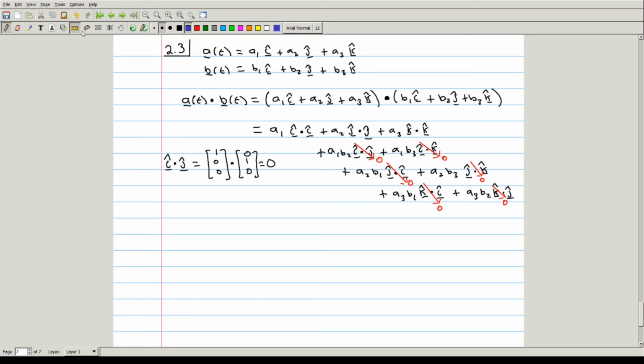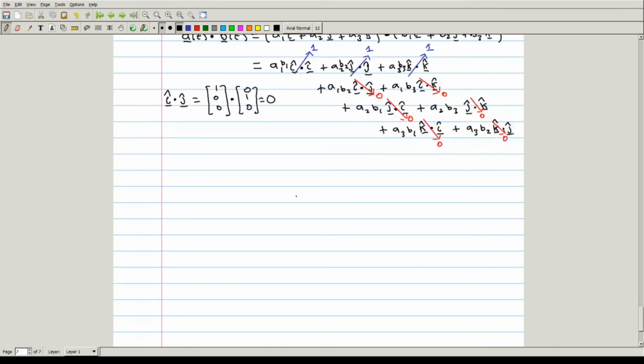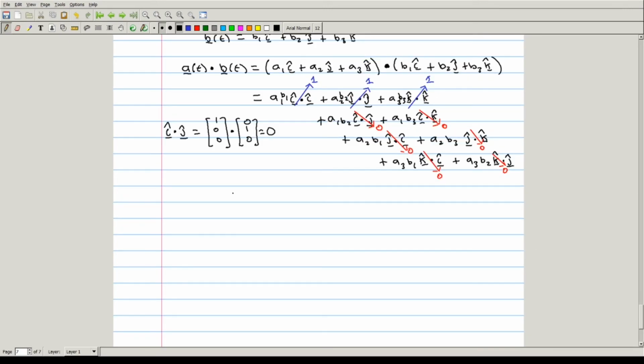While each one of these values, i dot i, j dot j, and k dot k is in fact equal to 1. So in a Cartesian basis, a of t dot b of t is just equal to a1 times b1 plus a2 times b2 plus a3 times b3.